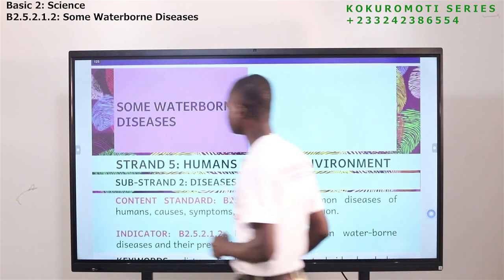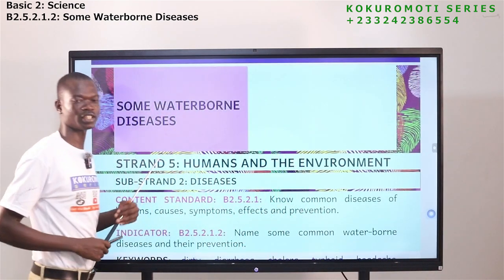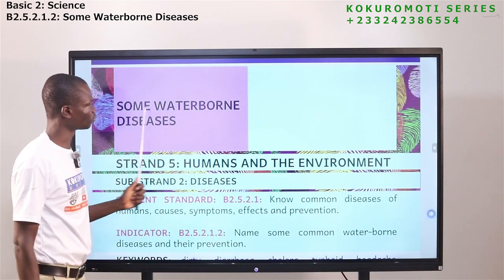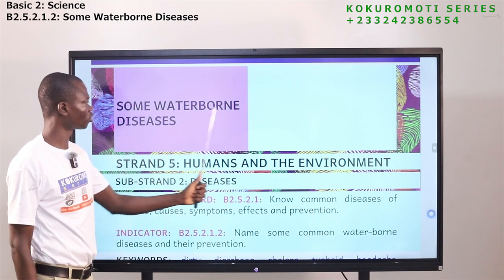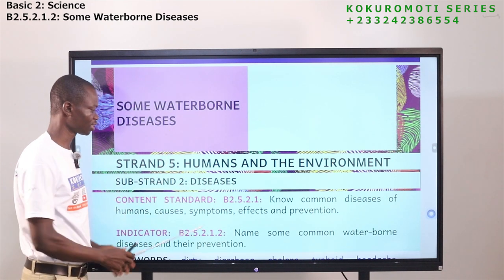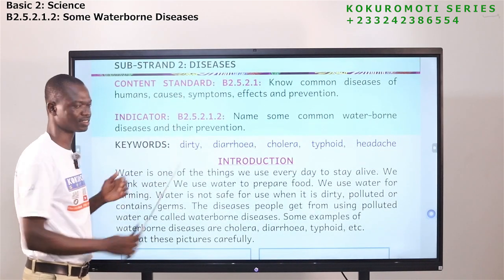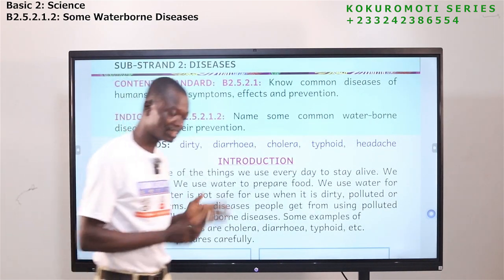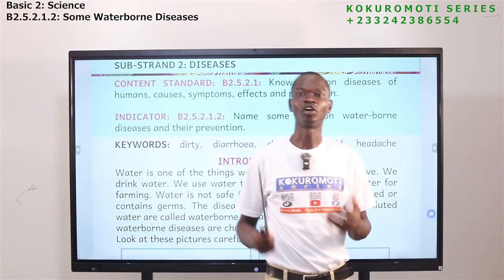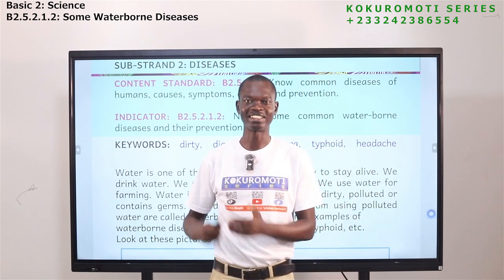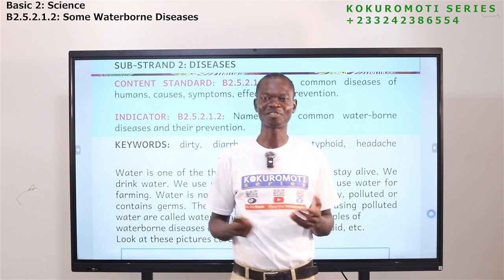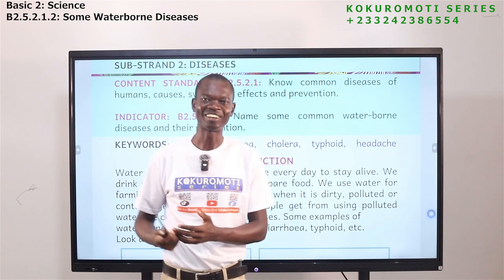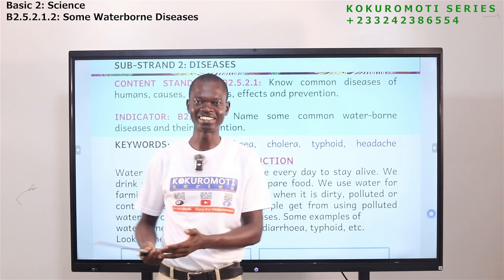Now, let's look at the main topic. Today's main topic is some waterborne diseases. In today's lesson, we are going to look at diseases, but these diseases are called waterborne diseases. Why do we call them waterborne diseases?